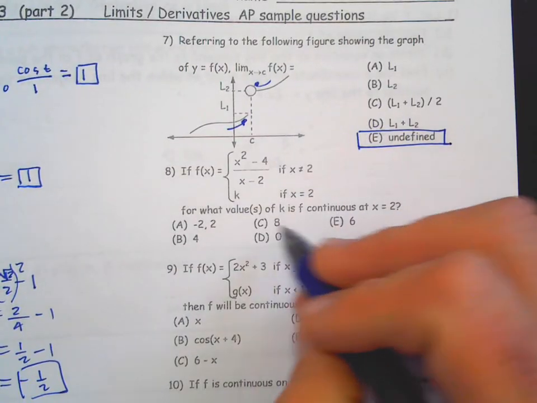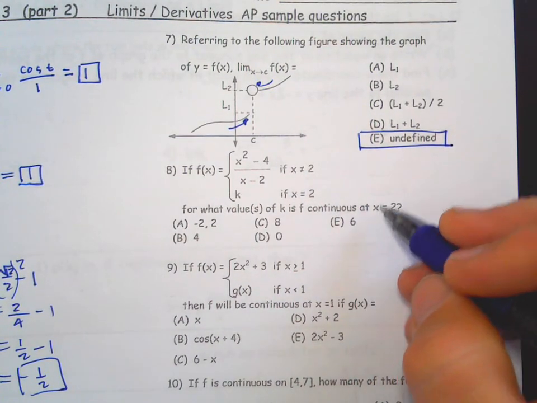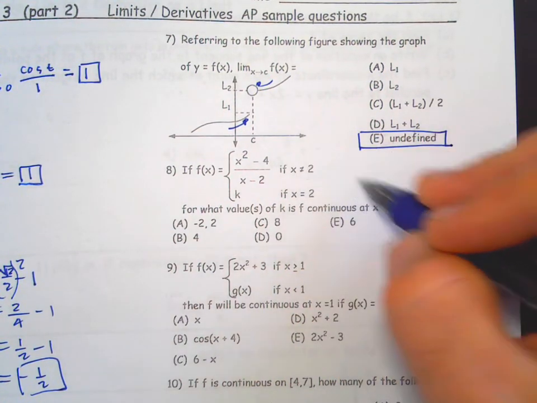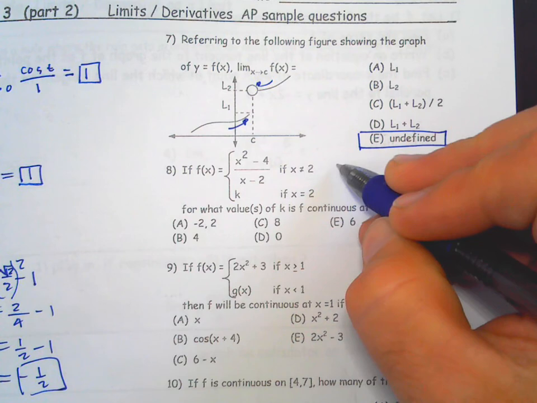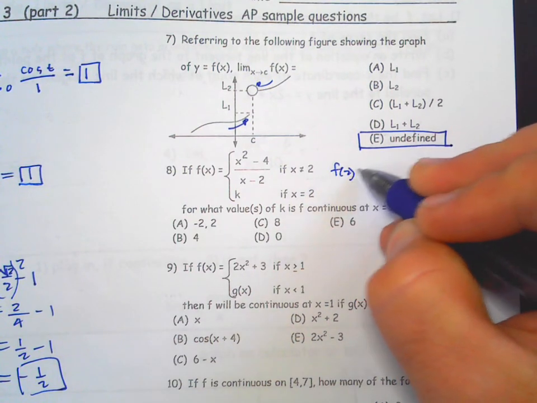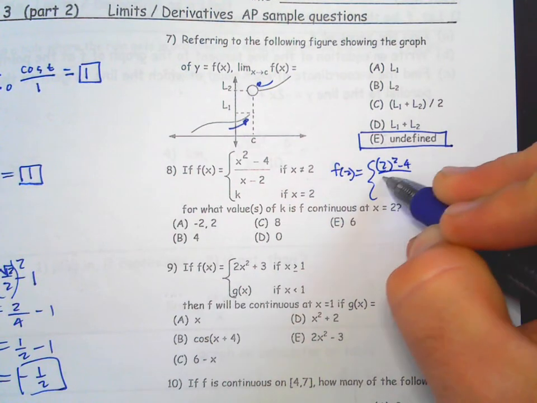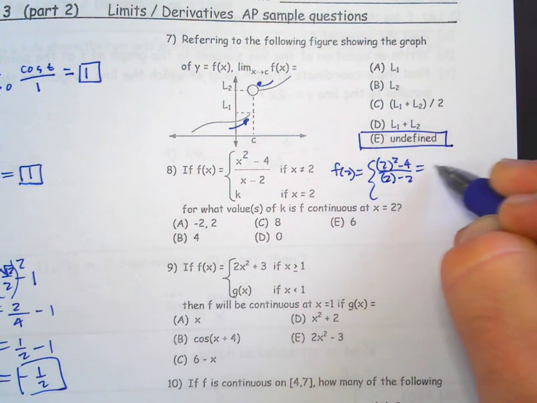We have a piecewise function: for what values of k is f continuous? Well, for it to be continuous, both sides have to equal the same thing. So you could plug 2 in here and see what happens. I guess we get 0 over 0.